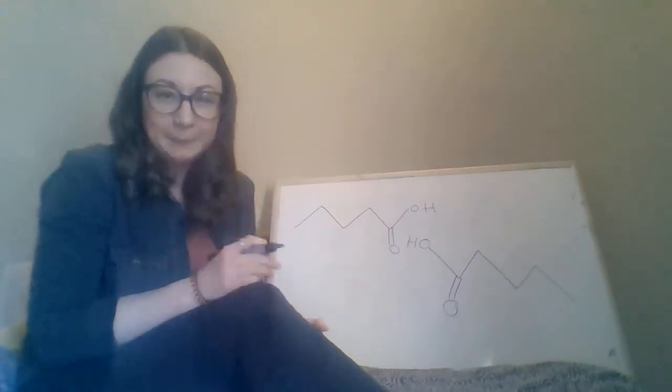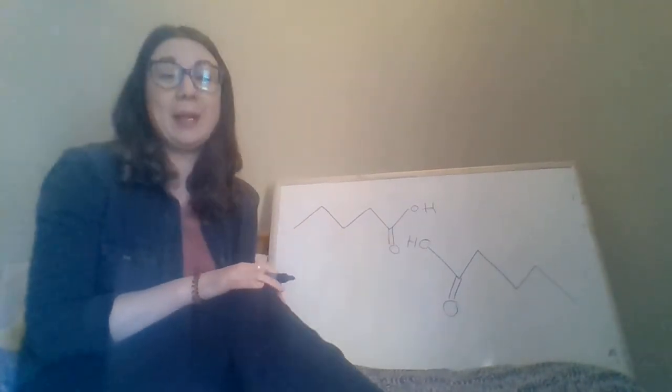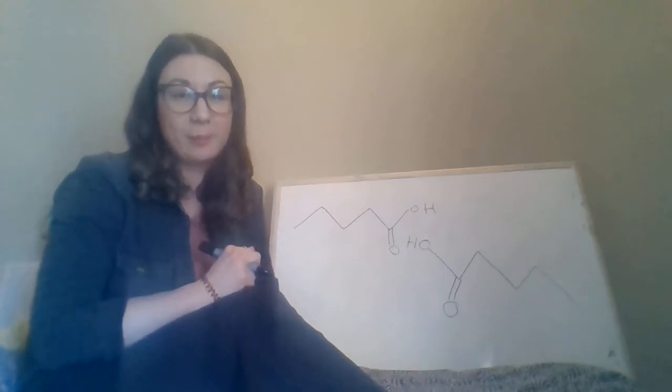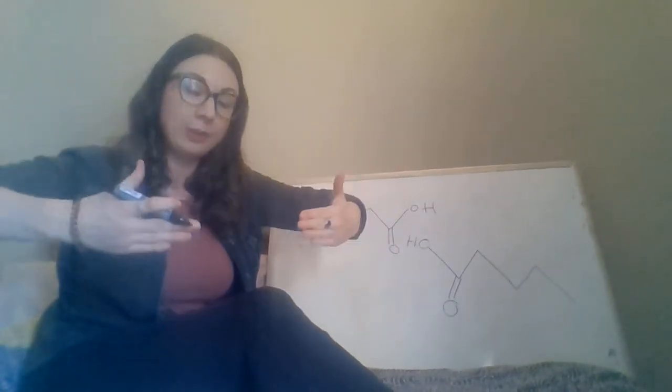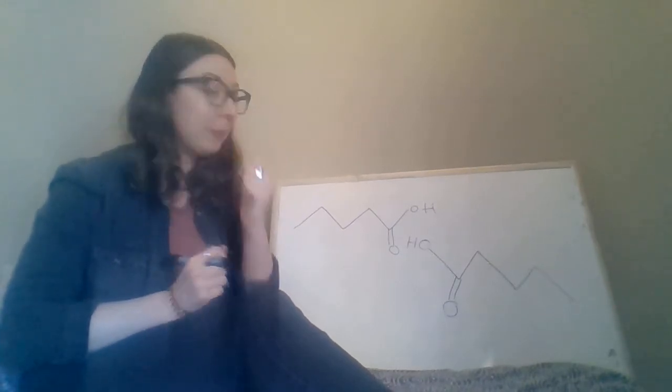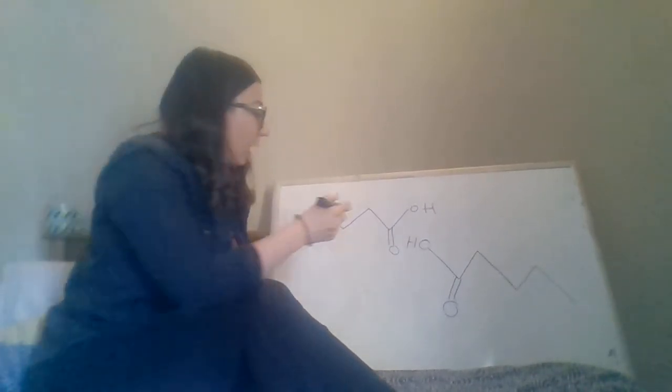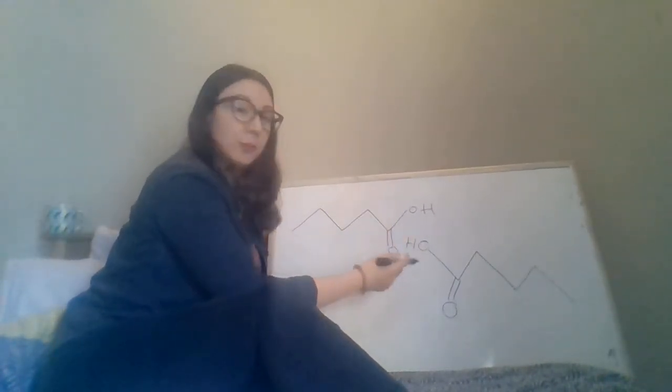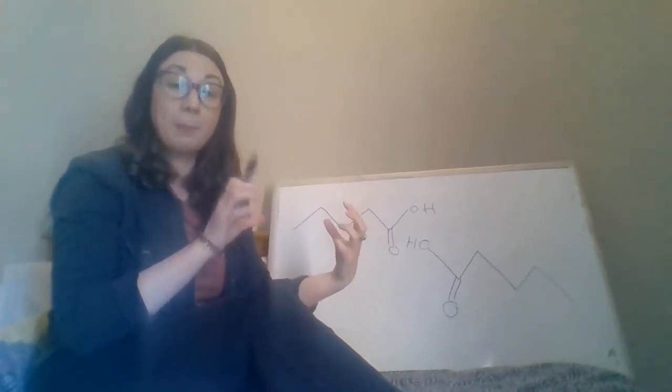So quite scruffily, I've drawn 2 pentanoic acids, 2 molecules of pentanoic acid, and I've drawn them with their carboxylic acid groups kind of facing each other, because what's going to happen in this reaction is that these 2 molecules are going to get stuck together into one big molecule.